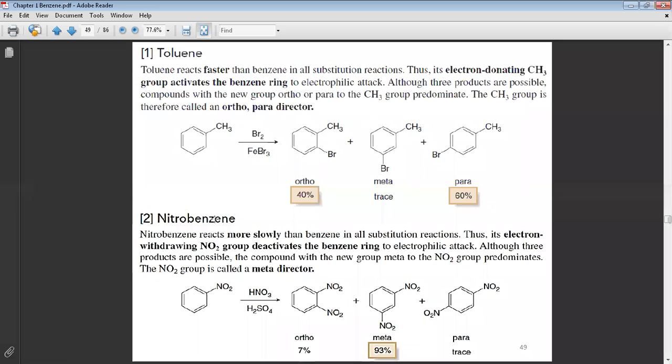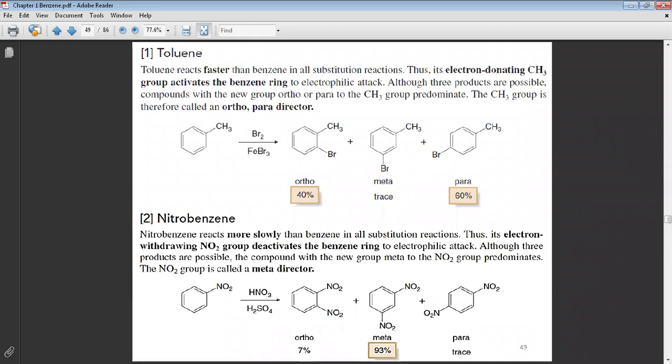Look at nitrobenzene. Nitrobenzene is difficult and different from toluene. If you have nitrobenzene and we make nitration, meaning adding an NO2 group on the benzene ring, we have three possible products: ortho, meta, and para. Look at the ortho, just 7%.